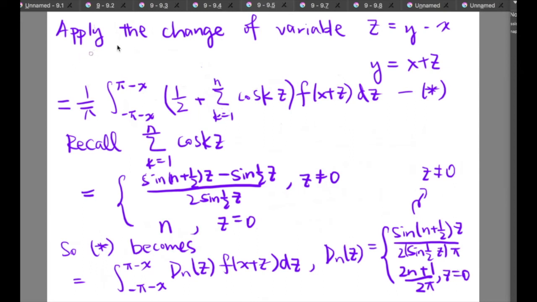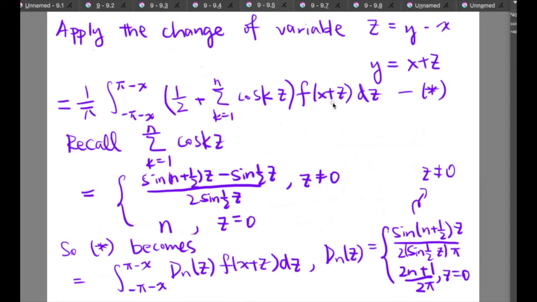Next is to apply a change of variable z equal to y minus x, and therefore y is equal to x plus z. And therefore the previous expression becomes 1 over pi times the integral from negative pi minus x to pi minus x of (1/2 plus the sum from k equal to 1 up to n of cosine kz) f(x plus z).